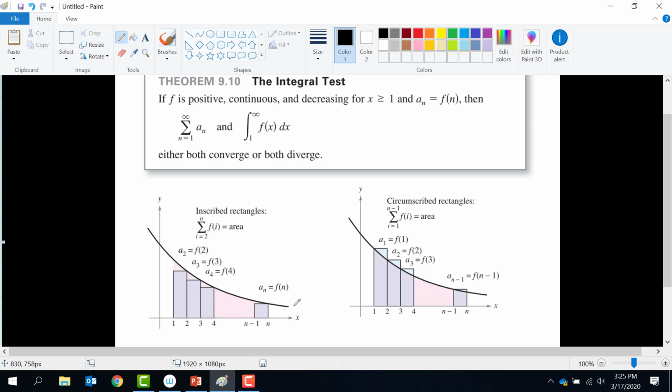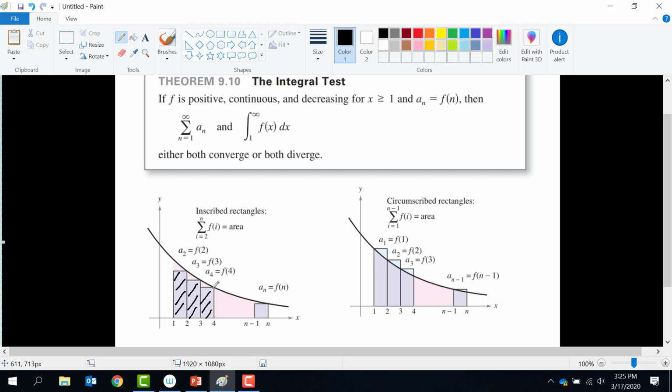If it turns out that your improper integral converges, and remember that represented the area under the curve of the function, extending the interval forever to the right. Now, since we're getting the area under the curve, when we're adding up the sequence, because the width of each rectangle here is 1, when we're adding up the series, what we are getting is just the area under the rectangles.